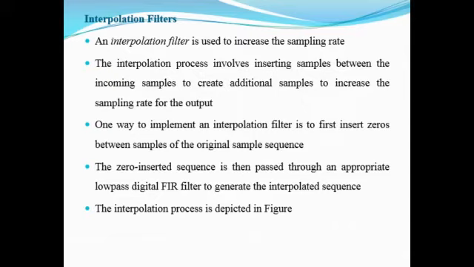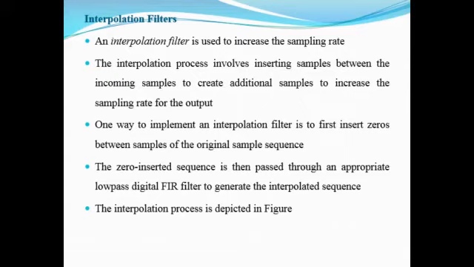So this is what we have considered in interpolation and decimation filters. If I want to implement that, and we have to write a particular code to implement it on a DSP device, then we look at this particular concept. First, an interpolation filter is used to increase the sampling rate. The interpolation process involves inserting samples between the incoming samples to create additional samples, to increase the sampling rate for the output.